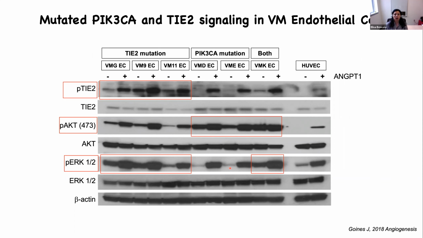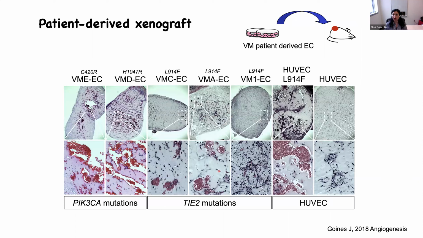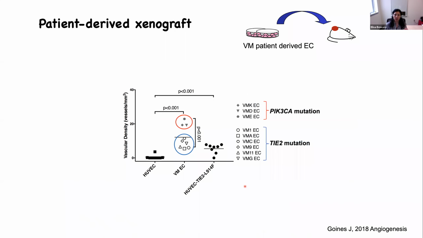We have also generated patient-derived xenografts with these ECs from patients. Here you have the PIK3CA mutation and here the Tie2, and it will be evident to your eyes. What I'm summarizing with this schematic is that VMECs with PIK3CA mutation have increased vascular density compared to the VMECs with the Tie2 mutation.